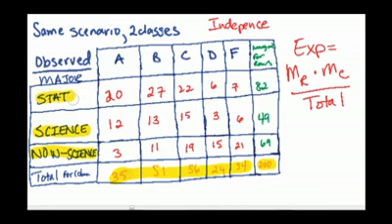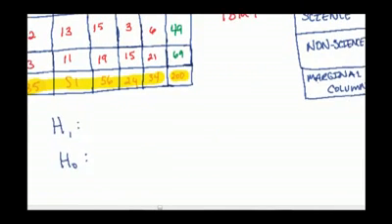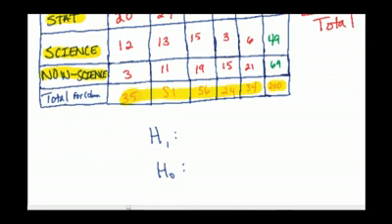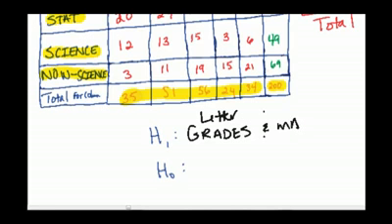So if we divvy up into those three different groups, how can we compare the major and the observed grade? Are those two things independent? In this case, when we look at our null and research hypotheses, we would say that the letter grades and the major are dependent.